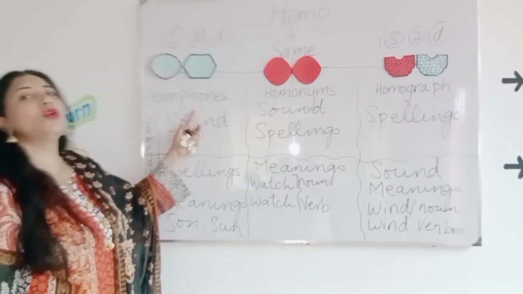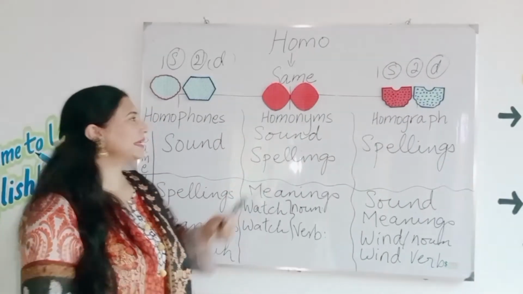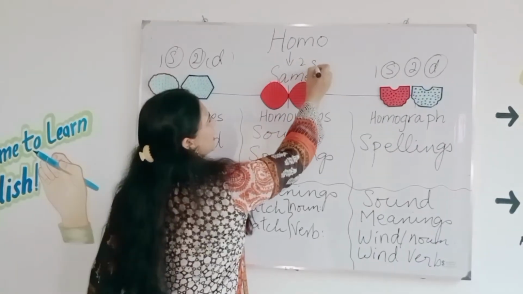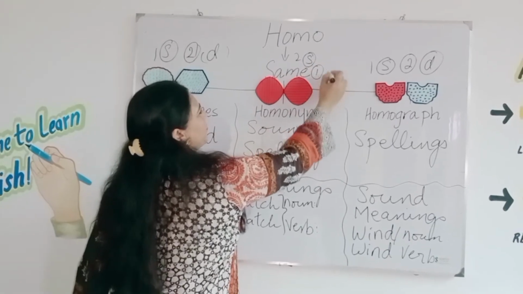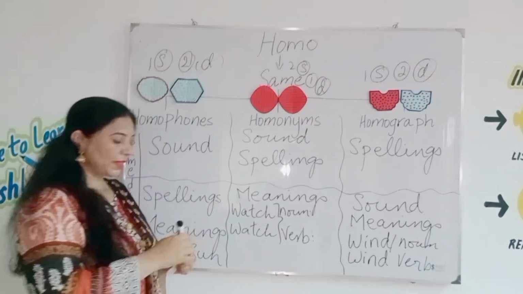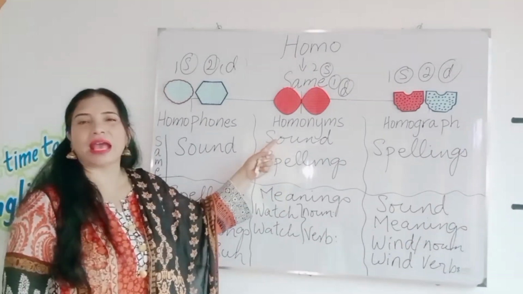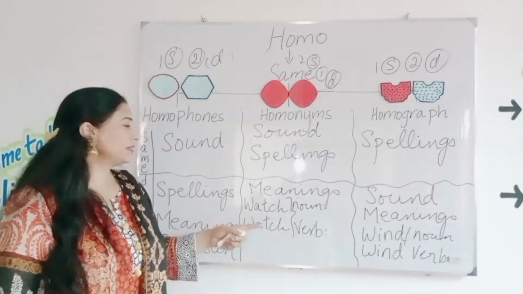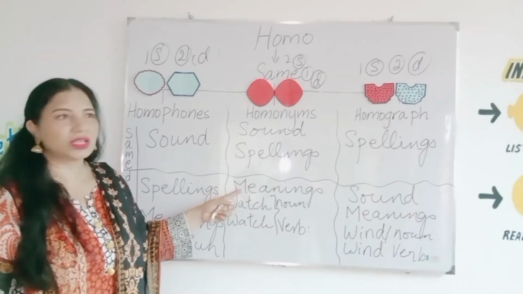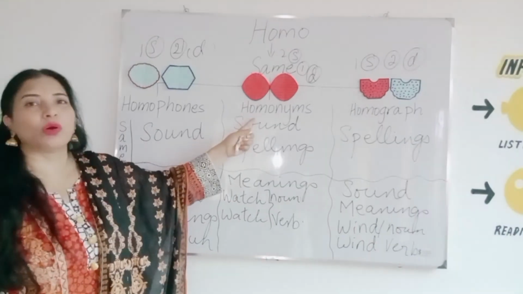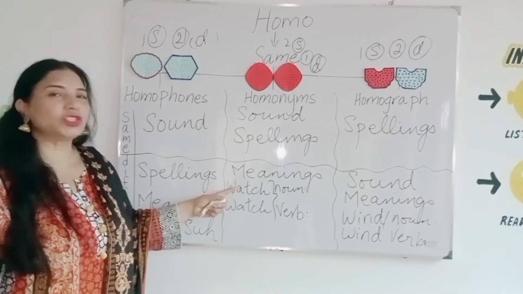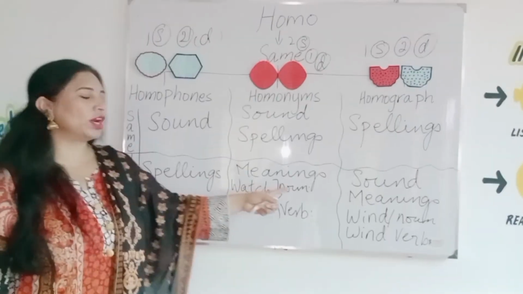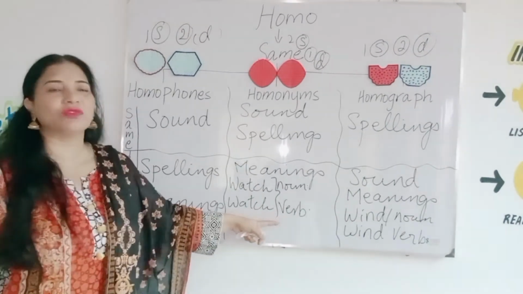Second is homonyms that have two similarities and one difference between them. They have the sound and the spellings the same, but their meanings are different. Such pair of words are called homonyms, like watch and watch. This watch is noun and this watch is verb.